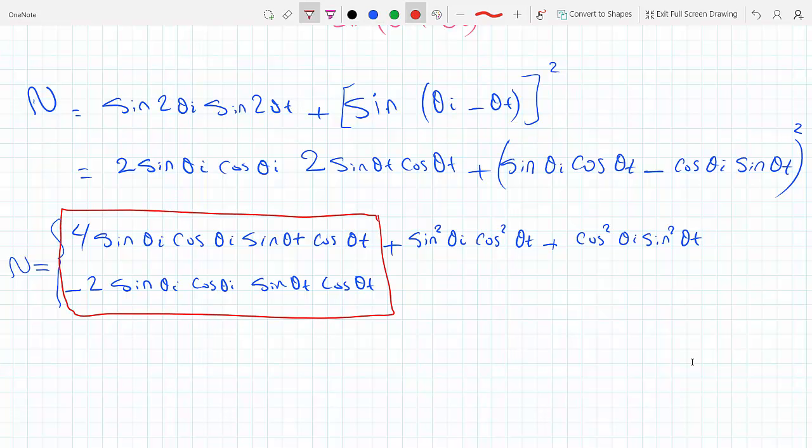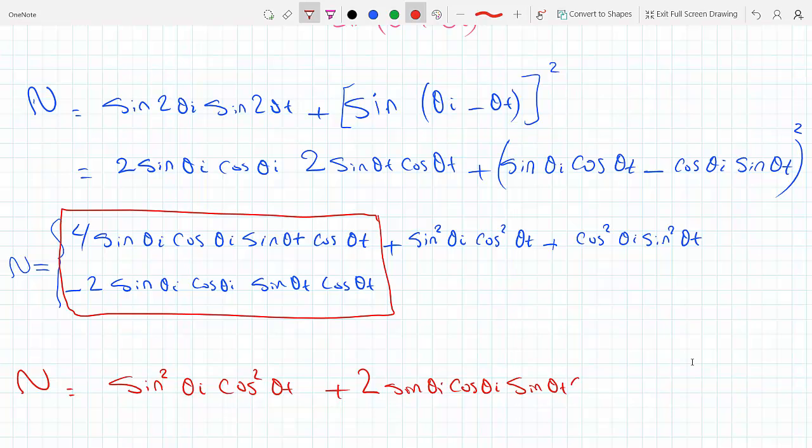and we will get the numerator to be sine squared theta I cosine squared theta t. That's the first term as is. These two terms will add up to two of them: 2 sine theta I cosine theta I sine theta t cosine theta t, plus the last term as is.